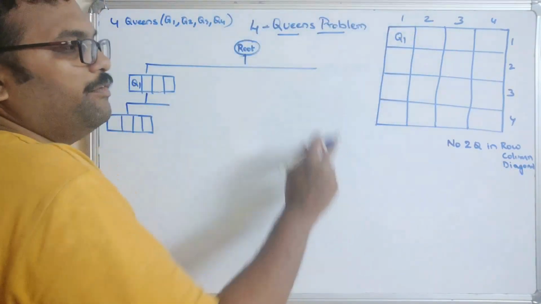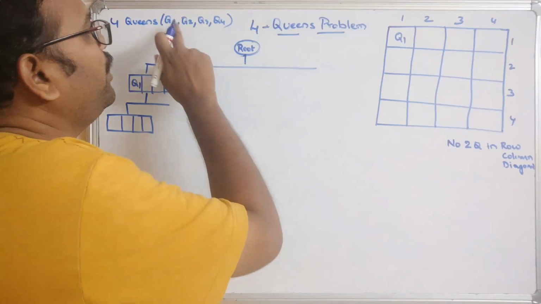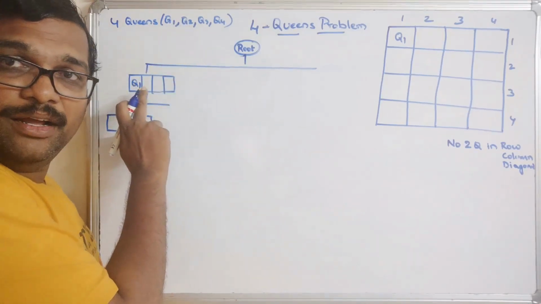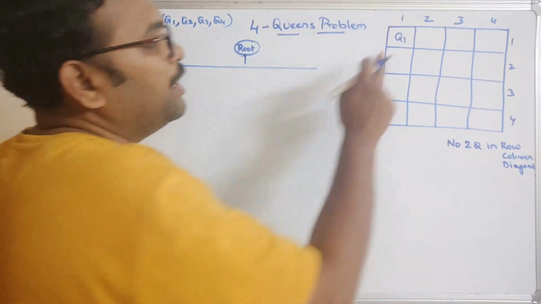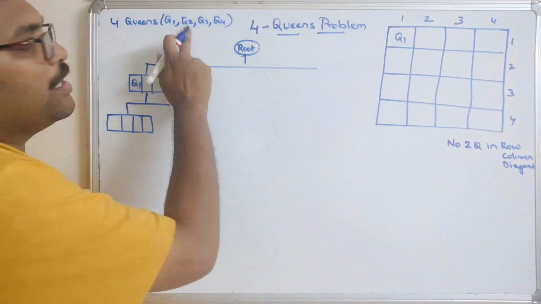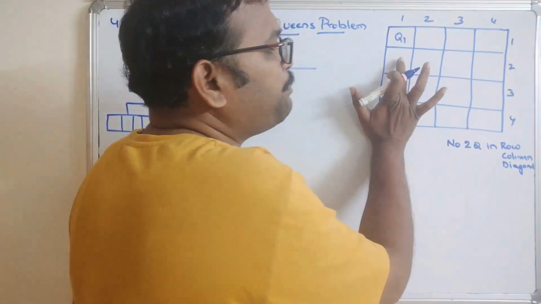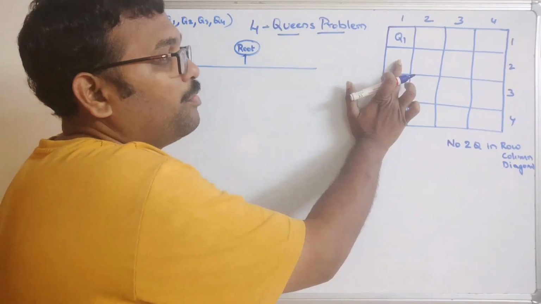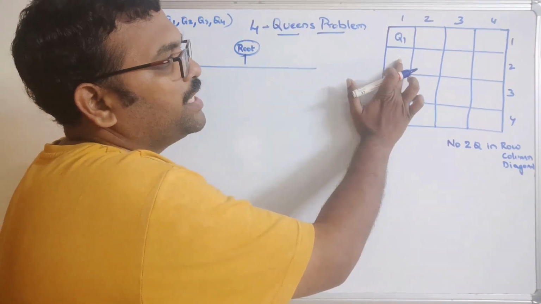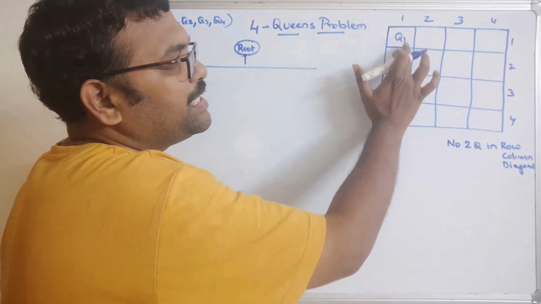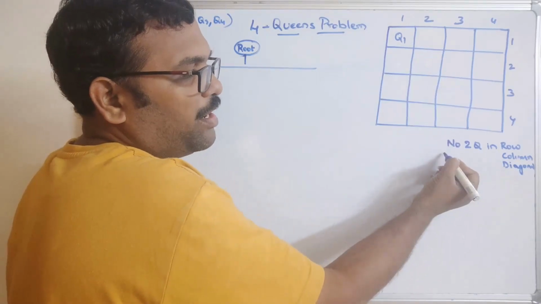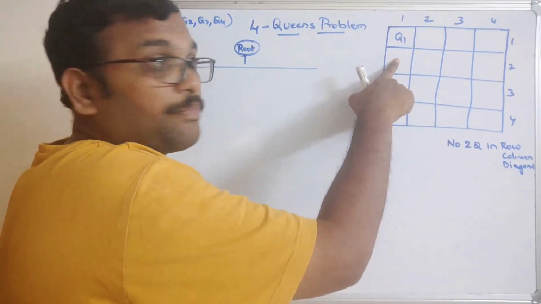Now we have placed Q1 at the first position, starting with the first column. Next, where do we have to insert Q2? If Q2 is placed here, what is the problem? You can see both queens will be in the same column, which violates the rule, so we should not place here.